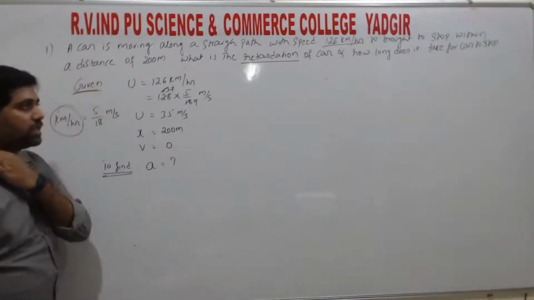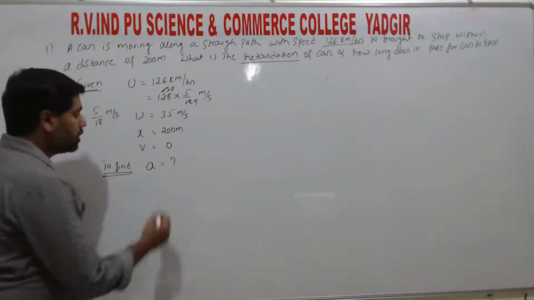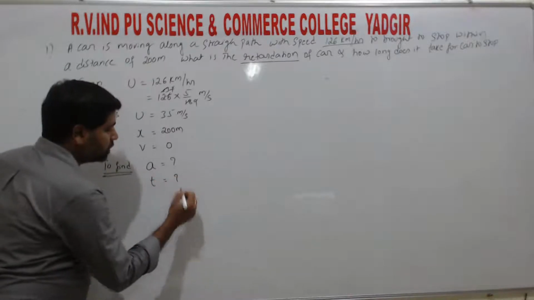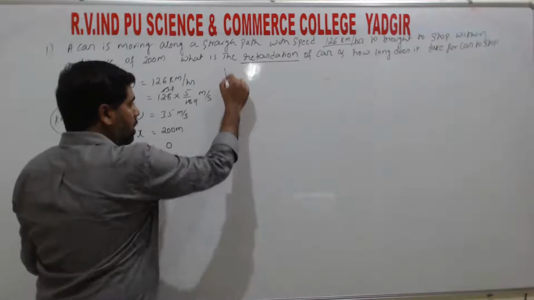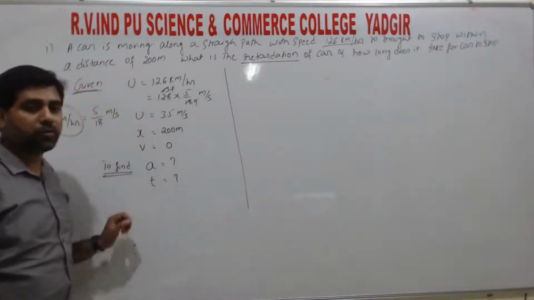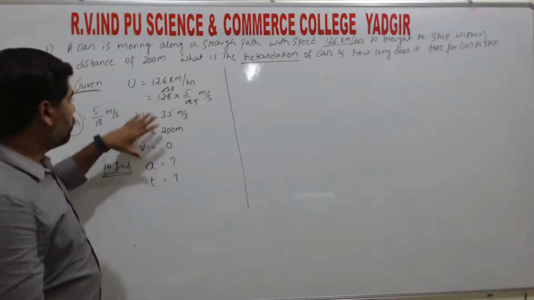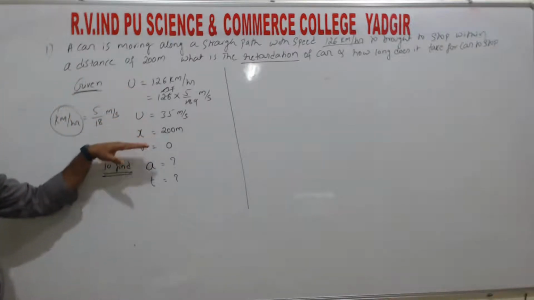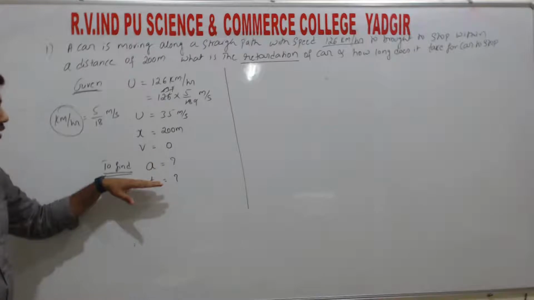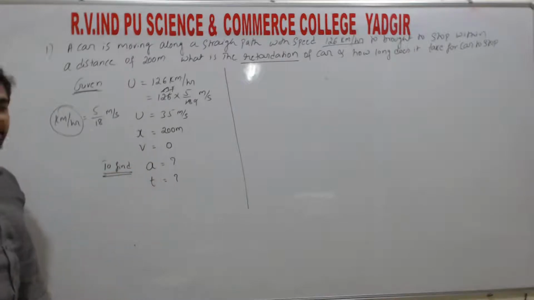How long does it take? How long is nothing but time. So we need to find the time, right? Next, we have three equations of motion, and we have the three variables u, x and v. From that, first we need to find the acceleration.